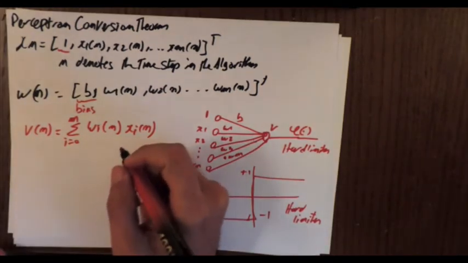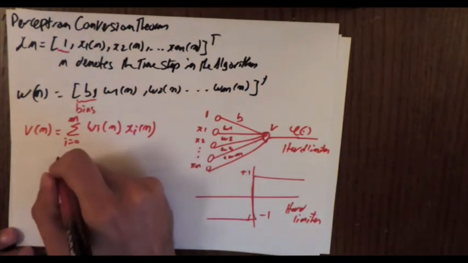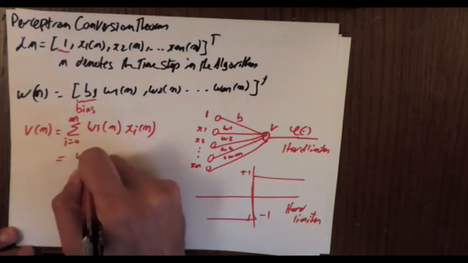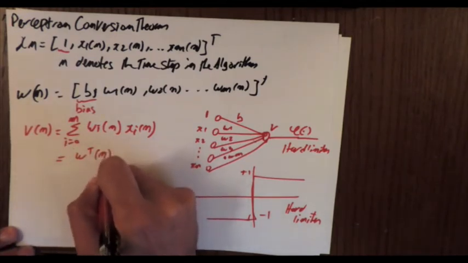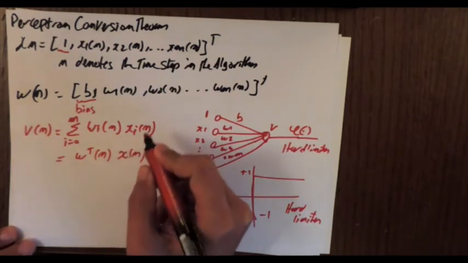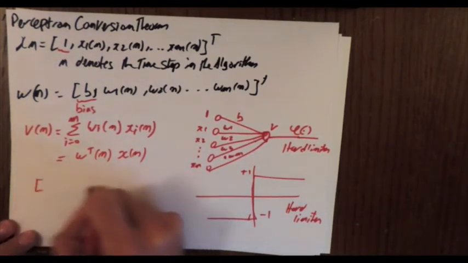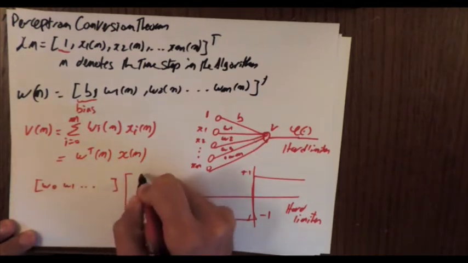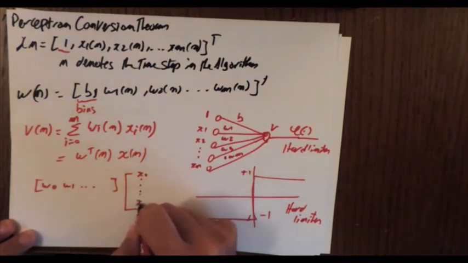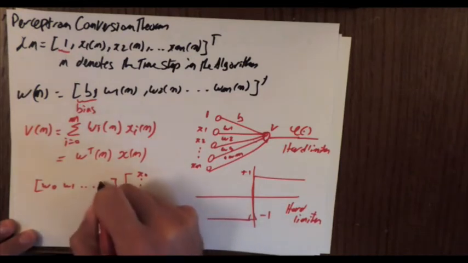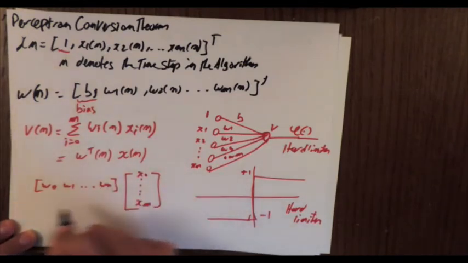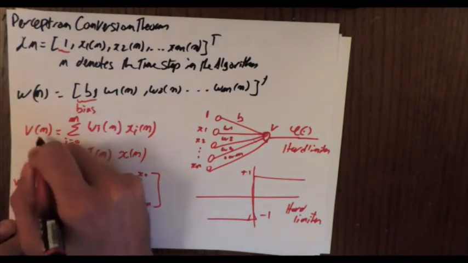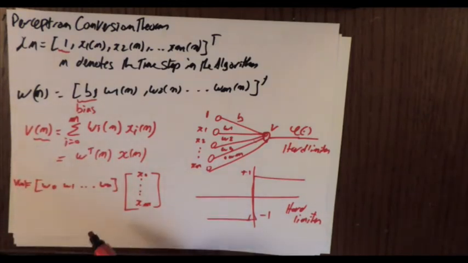This can be written in compact form as Wt of n x of n, where W will be a matrix that is transposed from W0, W1, and then x0 till xm, of course, and this will be V of n, where n is the iteration, or where we are going through with the algorithm.